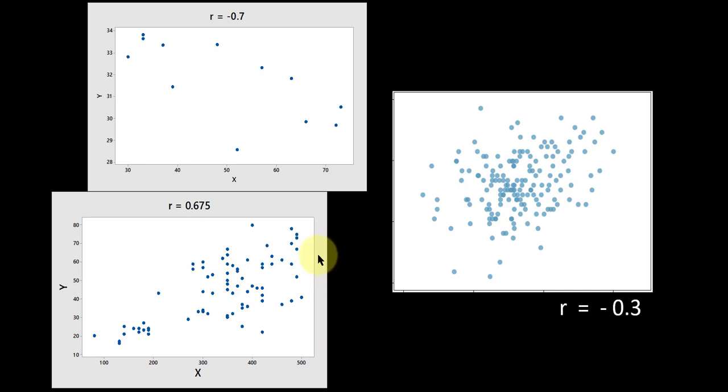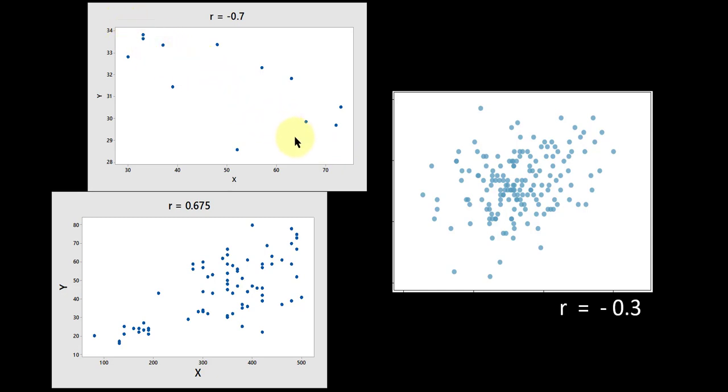Here we've got on the top a scatter plot that says -0.7. So we see a negative relationship between the two variables. And this is what about 0.7 looks like. I want you to imagine the line that would go through or best describe this scatter plot, and imagine just how clumped or not clumped all the data points are around that line.